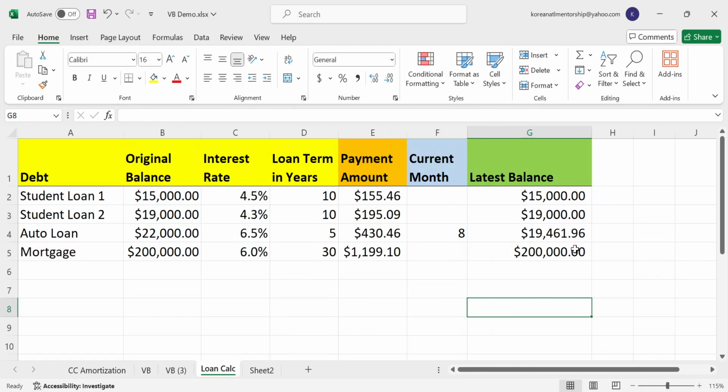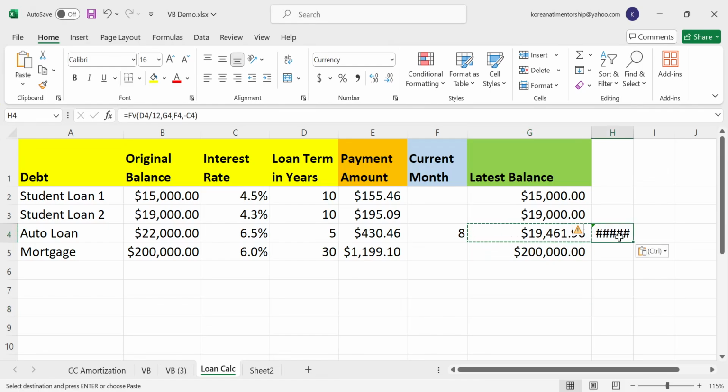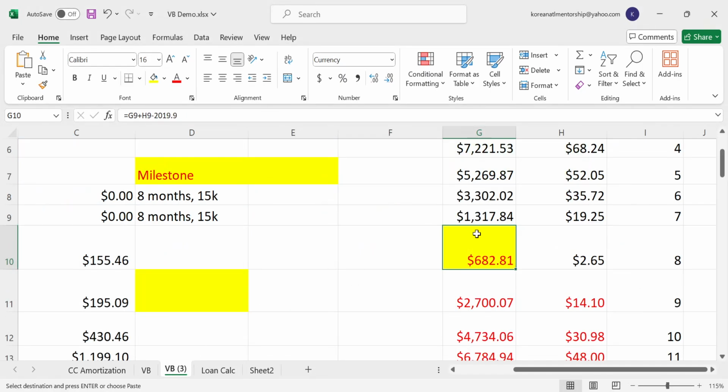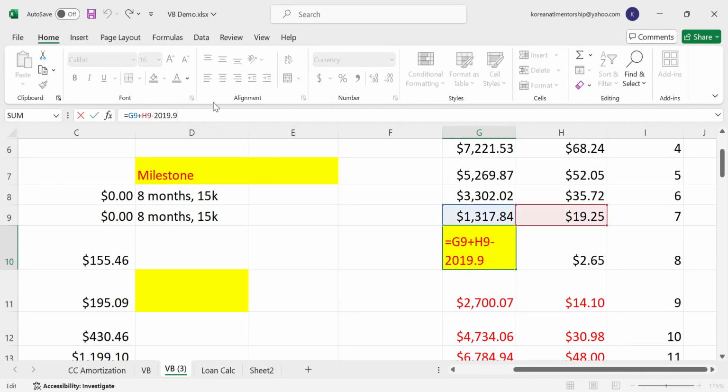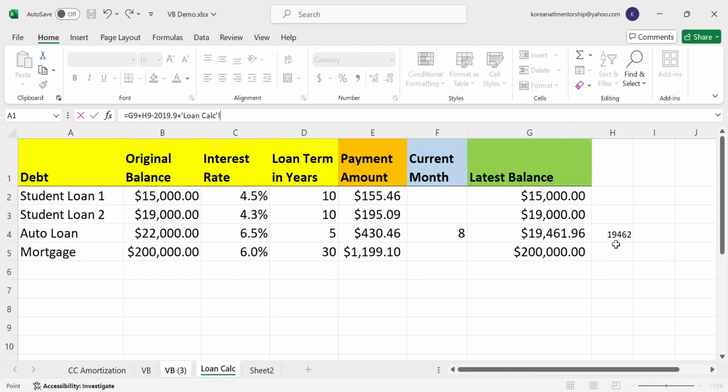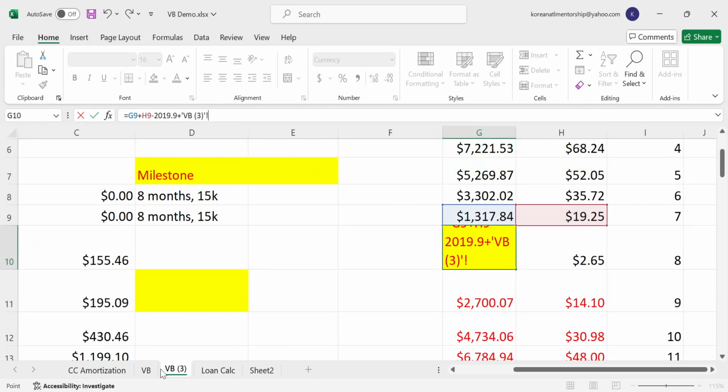So let's just do this. I'm gonna copy this, and then we're gonna paste the actual value, and then I'm gonna recopy it, right? So I go in here, and then bam, okay. Oh, are you kidding me? 19462. Let me just do that.